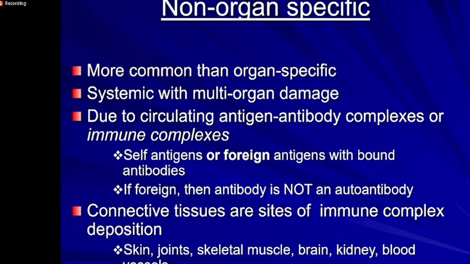You find skin, joints, rheumatoid arthritis, skeletal muscles, brain, kidney, and blood vessels will actually be more often than not involved with the immune complex related diseases. So most of them are connective tissue diseases.